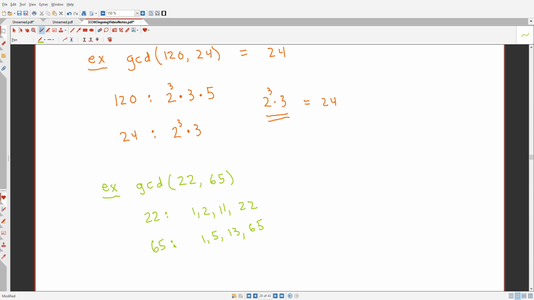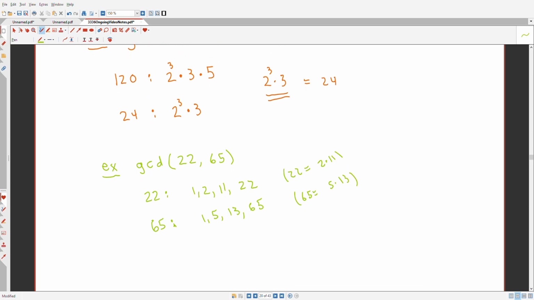Had you done this the prime way, you would have said 22 is 2 times 11, broken up into primes, and 65 is 5 times 13. But if I go to this list of positive divisors, what's the biggest positive divisor they have in common? 1. So the GCD of 22 and 65 is just the number 1.